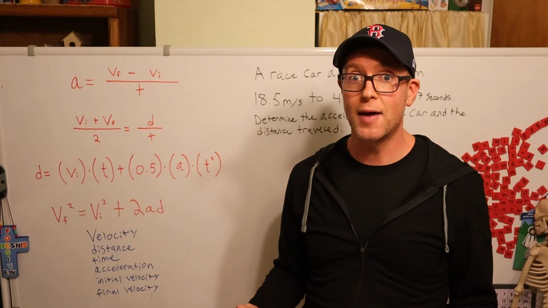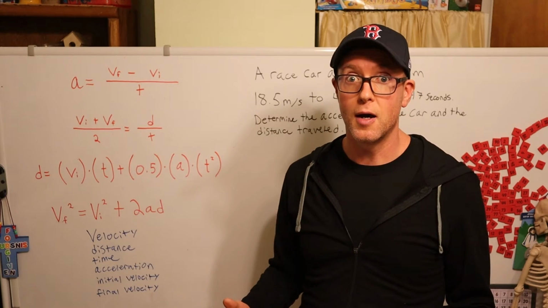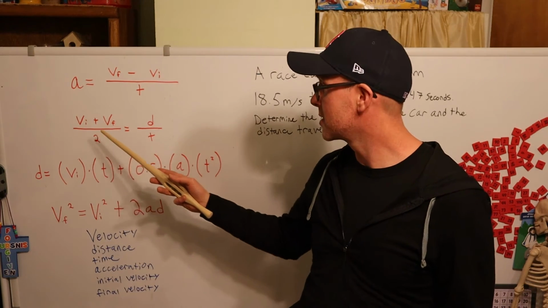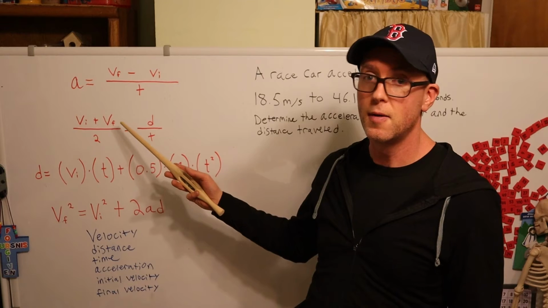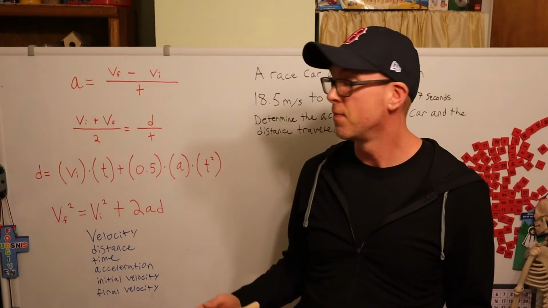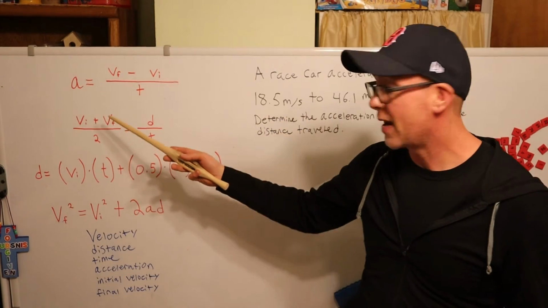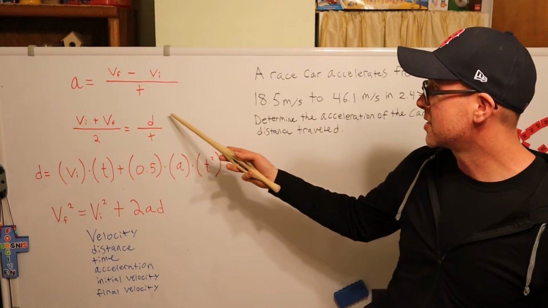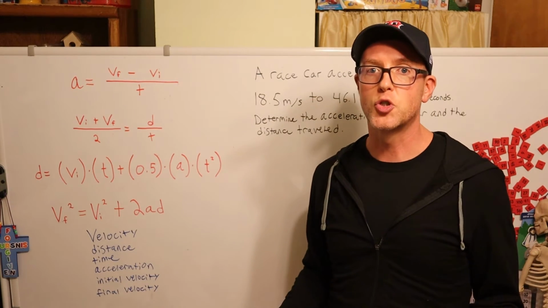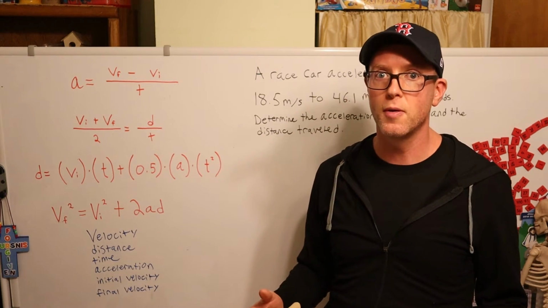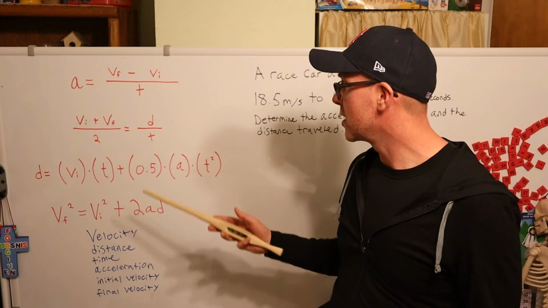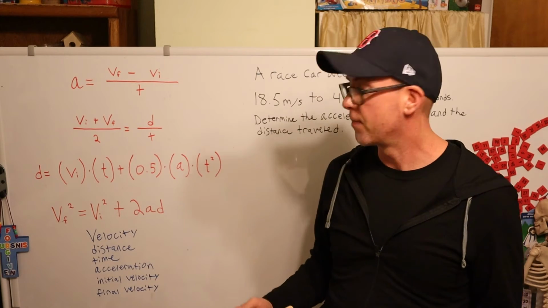So if you want to get the average velocity, you can take the initial velocity, that's the first number, plus the final velocity, the second number, and divide that by 2, and that would get you the average velocity. And that average velocity is also equal to distance divided by time. So this equation can be helpful if you're trying to solve for a particular variable like initial velocity, and you have distance over time, you would be able to solve for that.